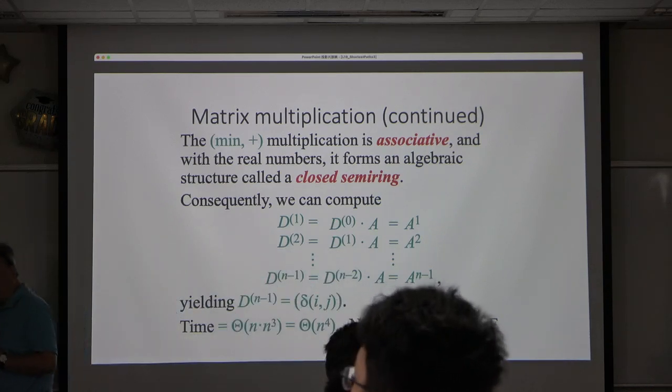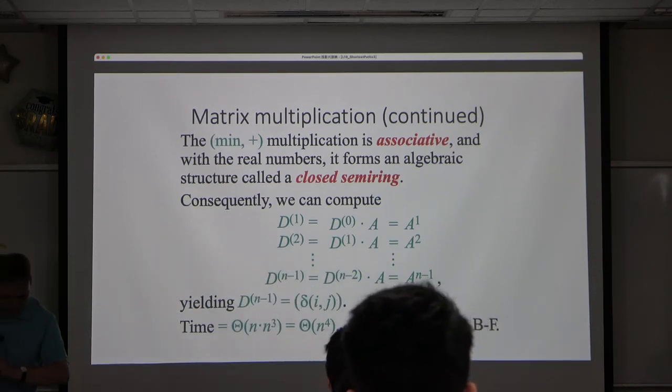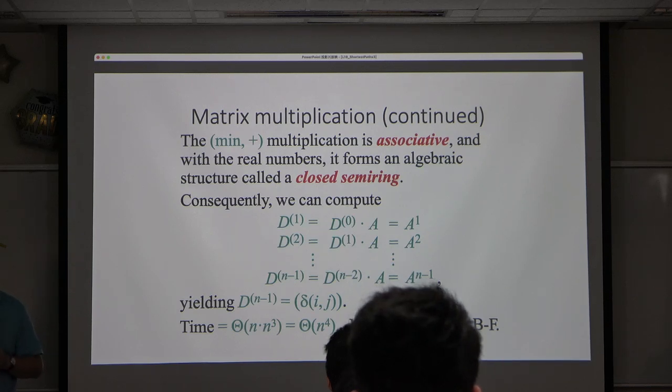That is also why previously I told you that running the Bellman-Ford algorithm n times is not necessarily too bad. Remember I told you that? After you do all this, you find that it's still n to the power of 4. But we are able to do something to make it a little bit better.